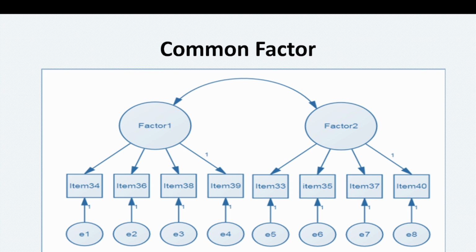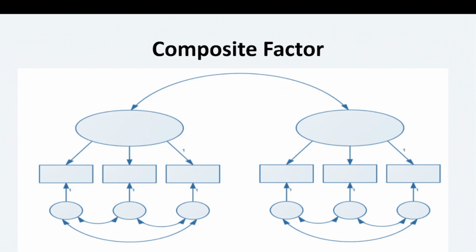When we do something like this, loadings are low because we didn't correlate the error terms. But if we correlate error terms like this, loadings will go up. That's why in PLS we don't end up deleting more items, while in AMOS we end up deleting the items.